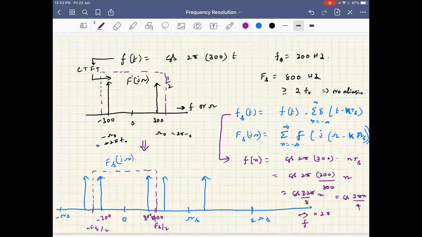Now if we would like to sketch this spectrum, what we do is find the discrete time Fourier transform.